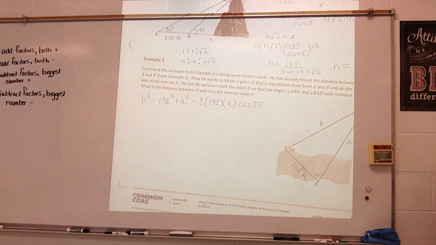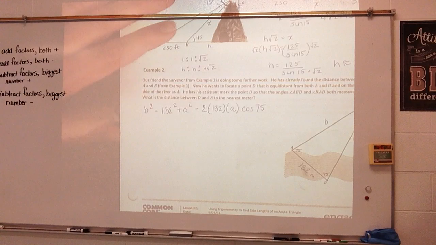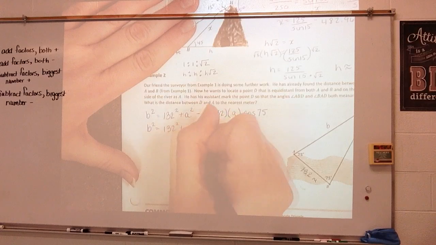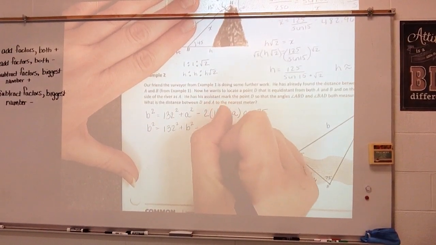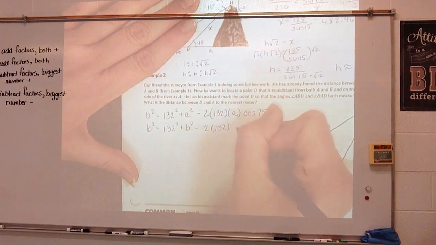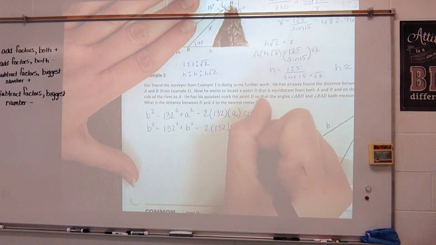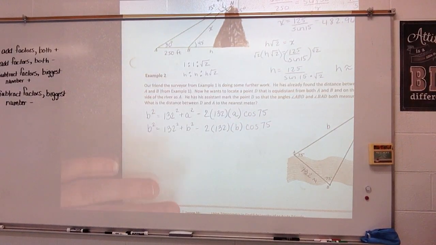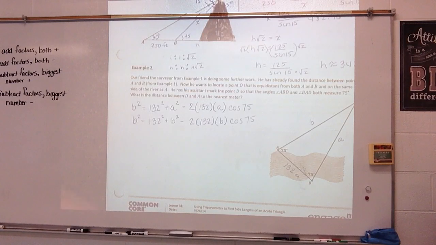So to reduce the variables, we can substitute B for A. I can rewrite it as B squared is equal to 132 squared plus B squared minus 2 times 132 times B cosine of 75. Since I know that A and B are equal, I substituted B in for A so I did not have to deal with two variables.